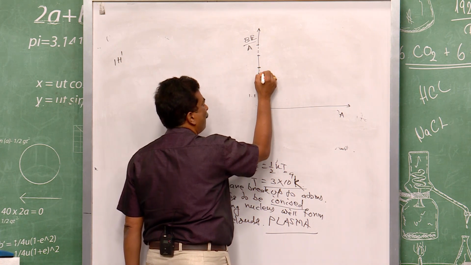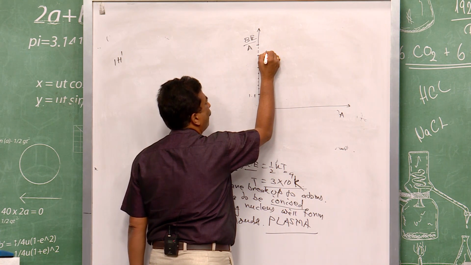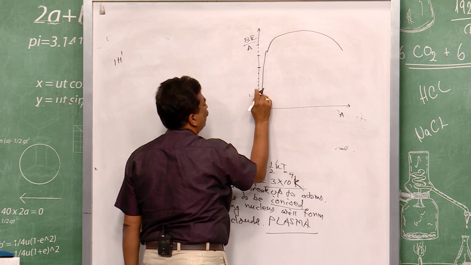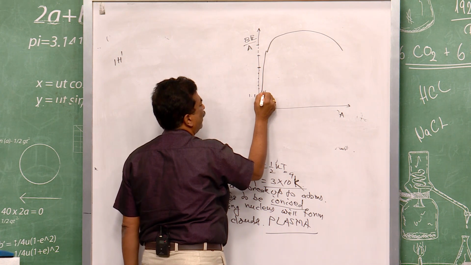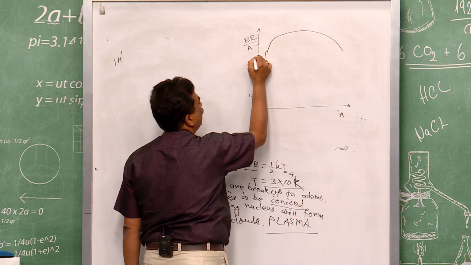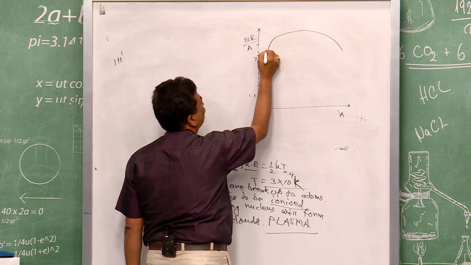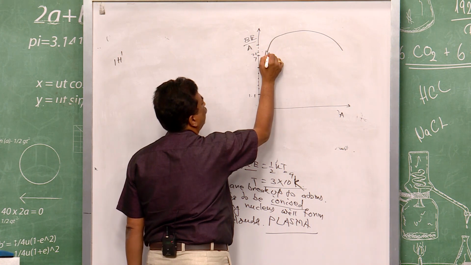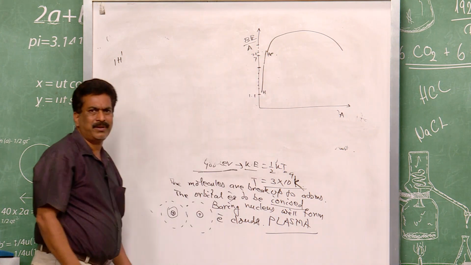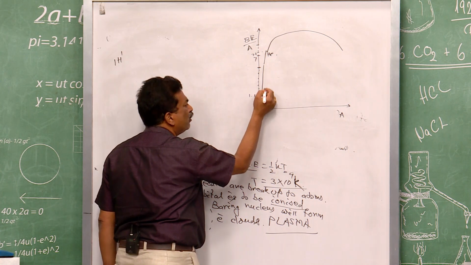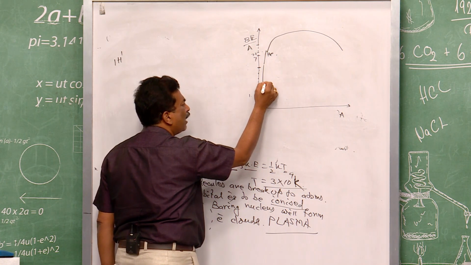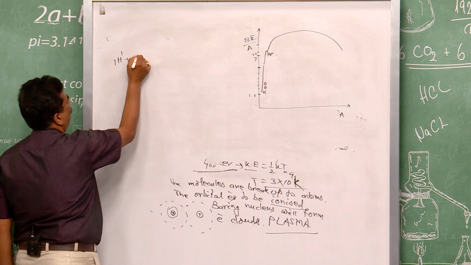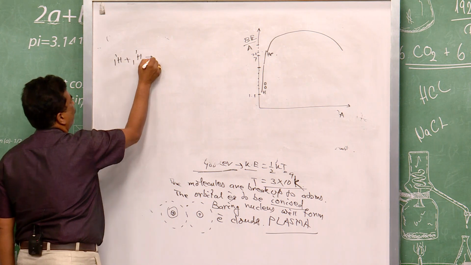Suppose this is 1.1, this is hydrogen. Suppose this is 7, approximately 7.2 for helium. So how many hydrogens have we taken? 2 hydrogens, meaning 2 hydrogen nuclei, 1H1 and 1H1.